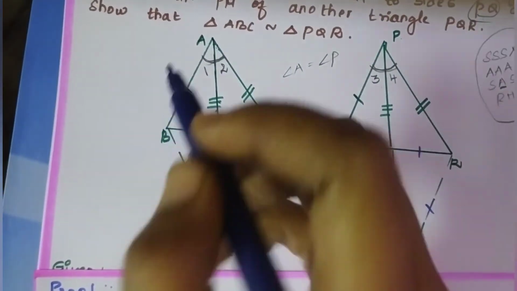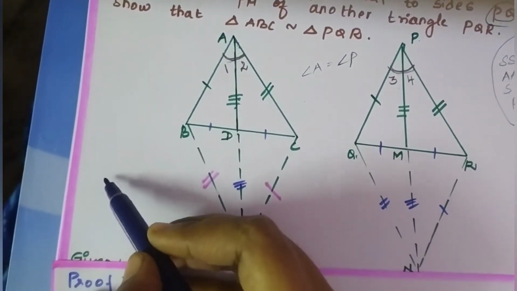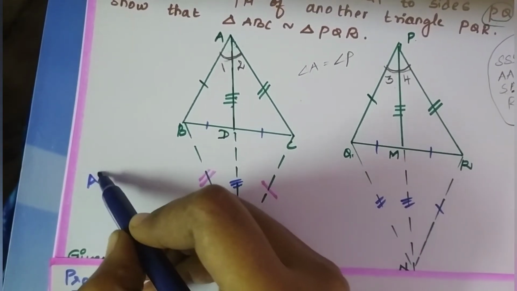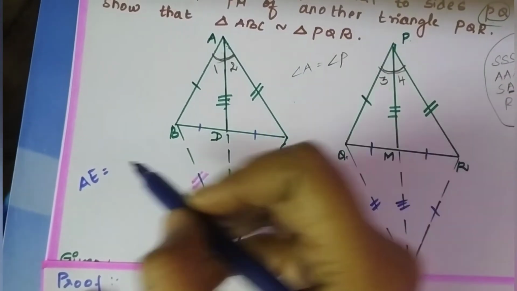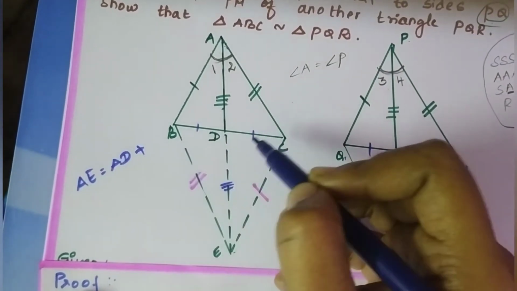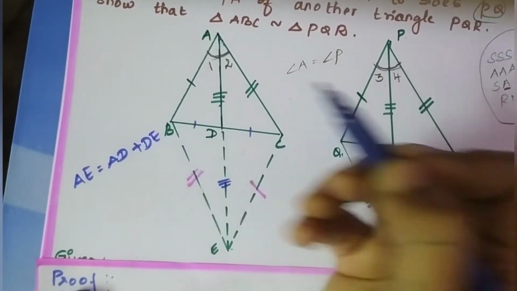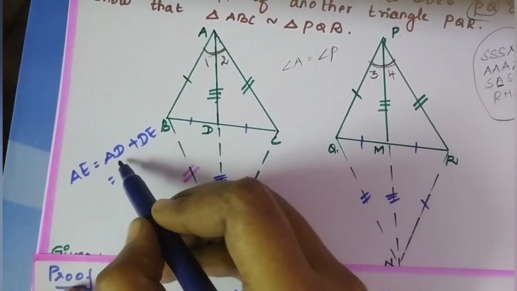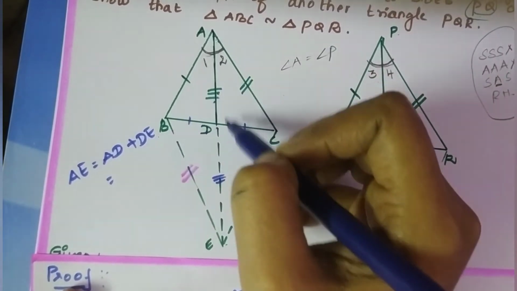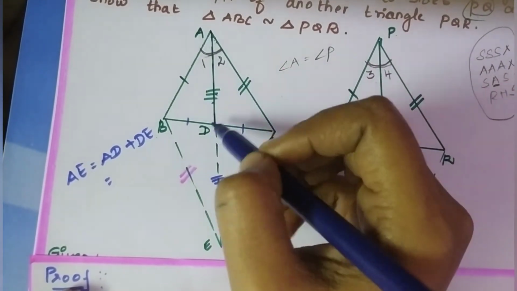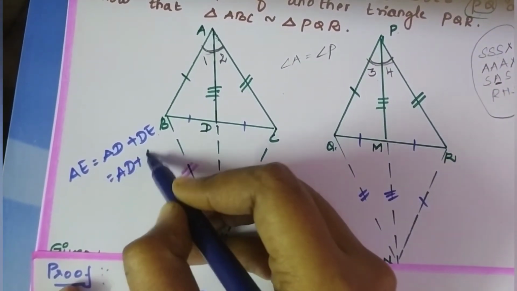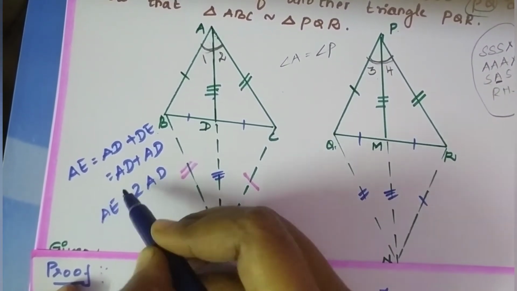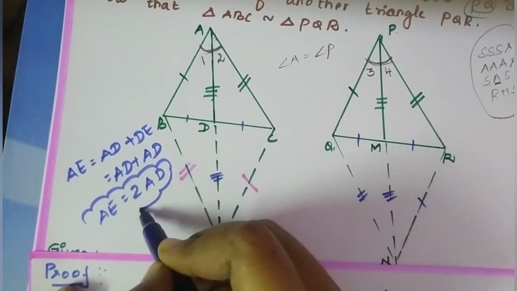How can we write AE? AE is AD plus DE. Both sides are equal now, so instead of DE, I can write AD itself. So AD plus AD is equal to 2AD. So AE is equal to 2AD.